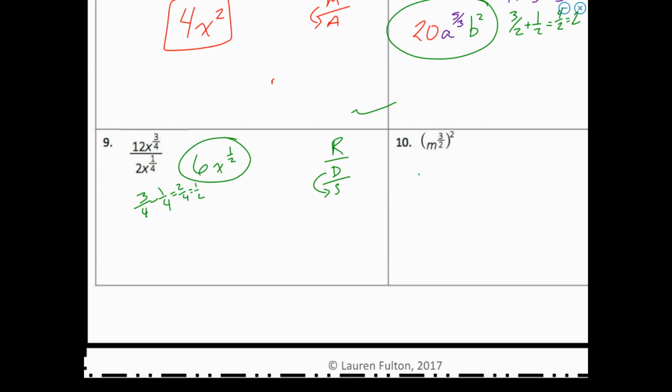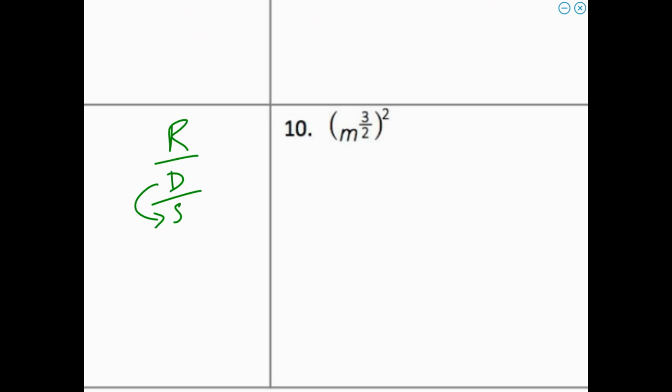Okay. Last one. We've got m to the power of 3/2 raised to the power of 2. So that's exponents or powers, and then multiplication and addition. We're on that side of the ladder. So power to a power, what am I going to do with my exponents?